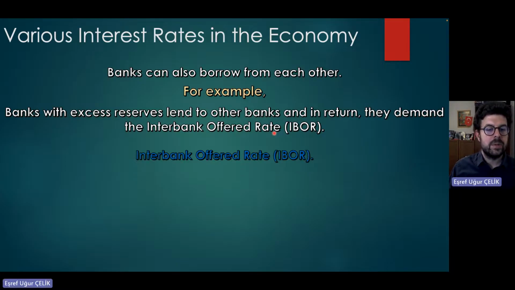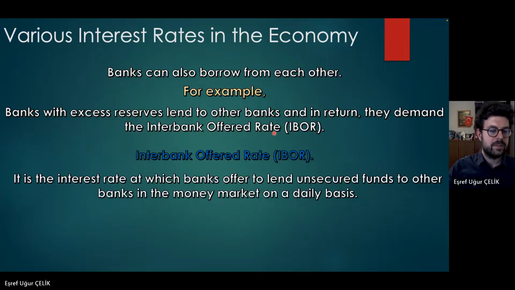What's the IBOR? It is the interest rate at which banks offer to lend unsecured funds to other banks in money markets on a daily basis. And that IBOR comes from the LIBOR.